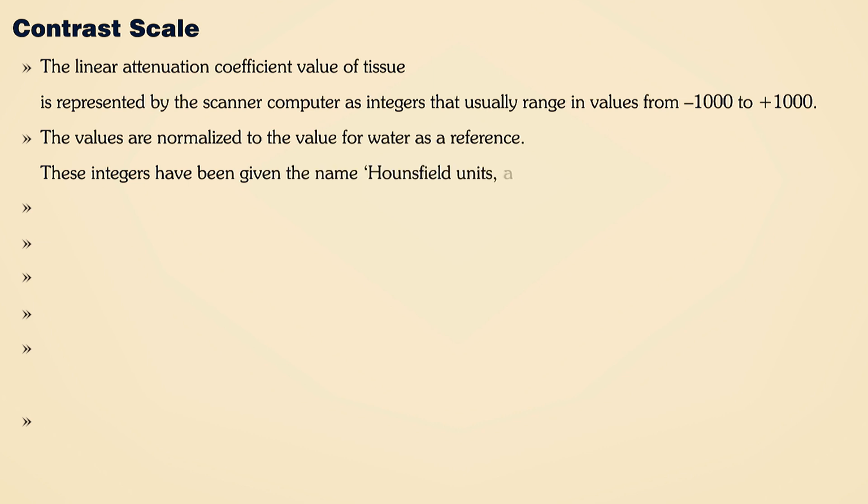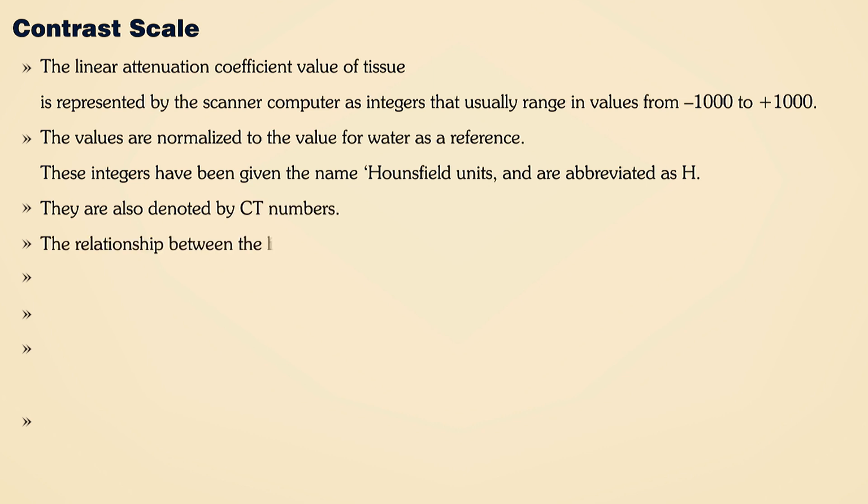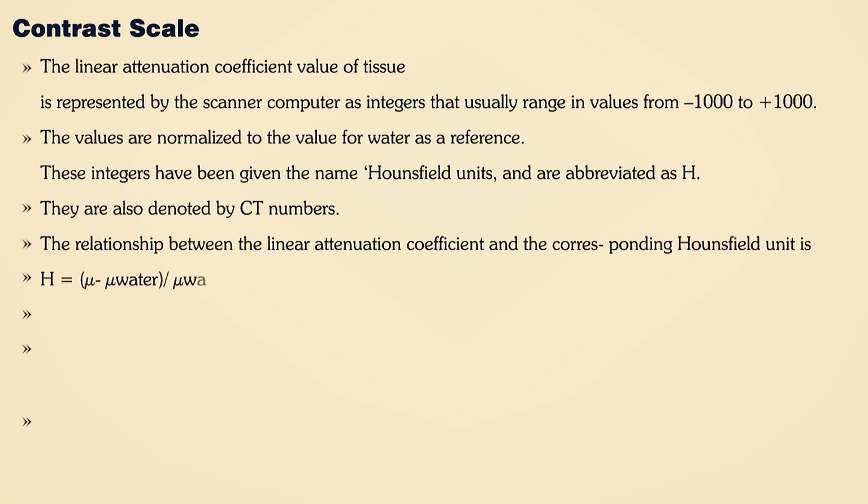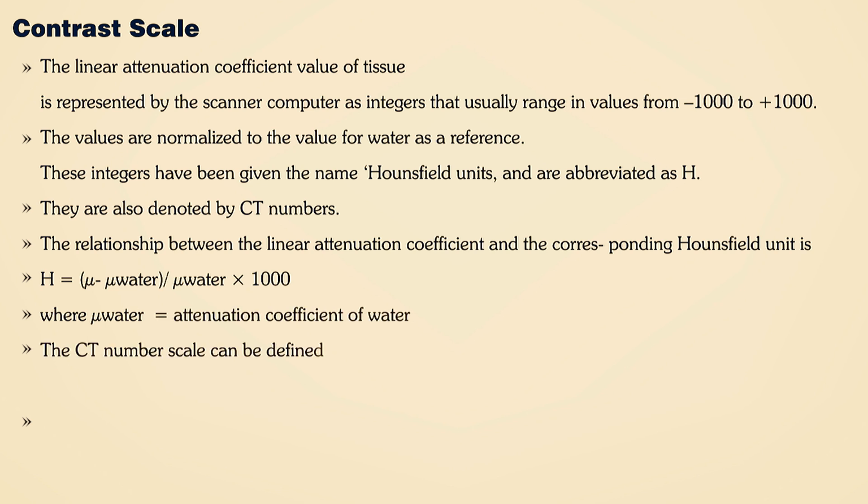The values are normalized to the value for water as a reference. These integers have been given the name Hounsfield units and are abbreviated as capital H. They are also denoted by CT numbers.